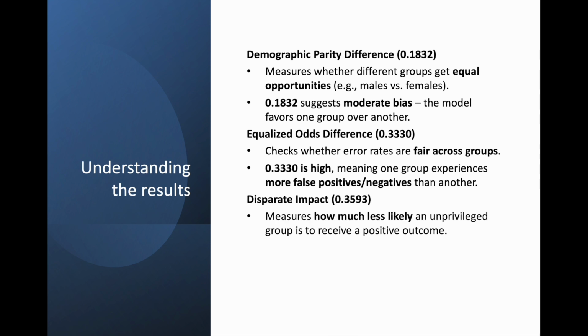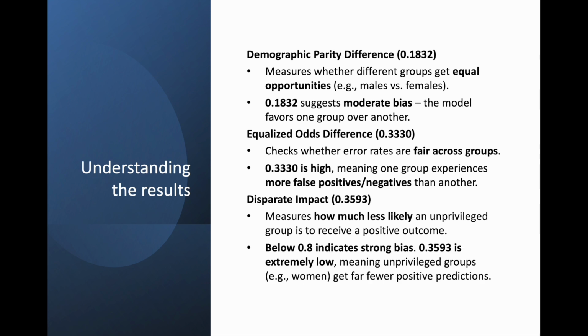And disparate impact. What does that mean? It measures how much less likely an unprivileged group is to receive a positive outcome. Below 0.8 indicates strong bias. So 0.3593 is extremely low, meaning the unprivileged group, for example women or men, whichever is unprivileged and not getting the advantage, gets far fewer positive predictions.